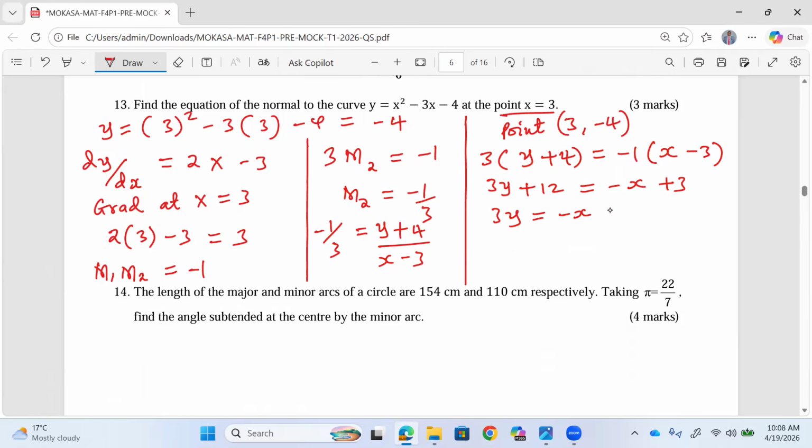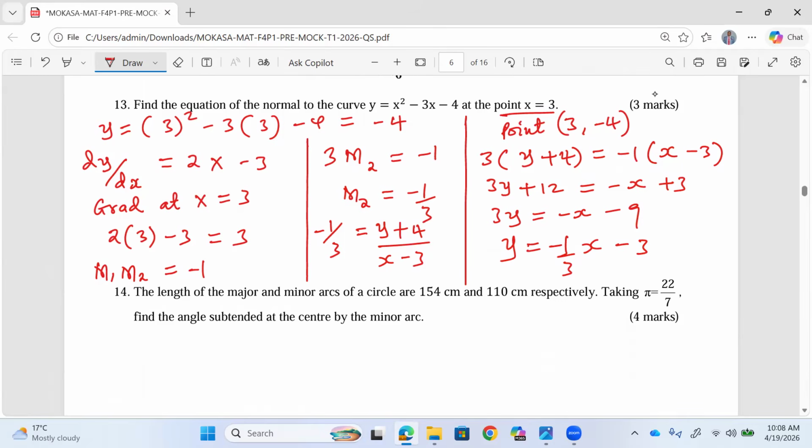Then we have 3 minus 12, which is negative 9. To remain with y alone, it's negative a third x minus 3. So that is the equation of the normal to the curve at the stated point.